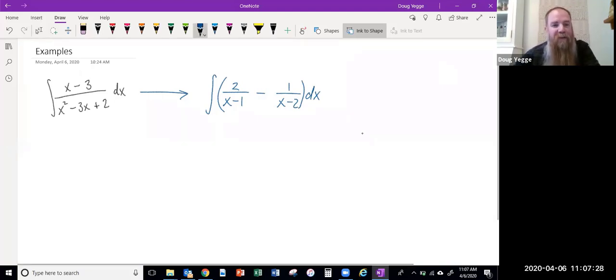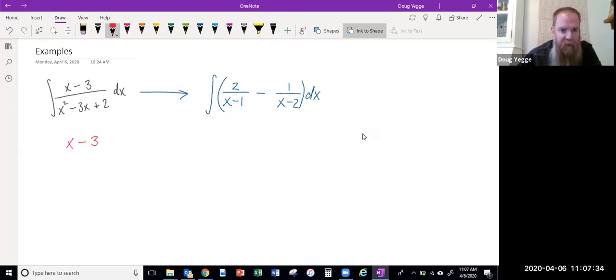All right, well, the problem is, how do we do that? So this is where we first of all need to factor the denominator of this integrand. We're first of all going to recognize that this could be rewritten as x minus 3 over x minus 1 times x minus 2.